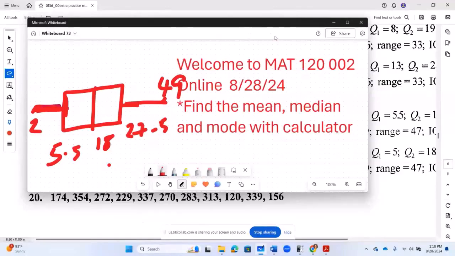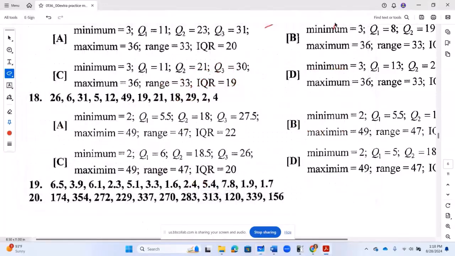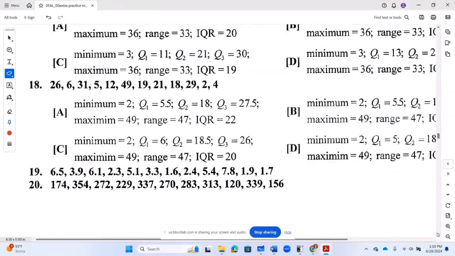If you know how to use your calculator to solve the problems, you are better off, because you are allowed to use your calculator to solve the problems.